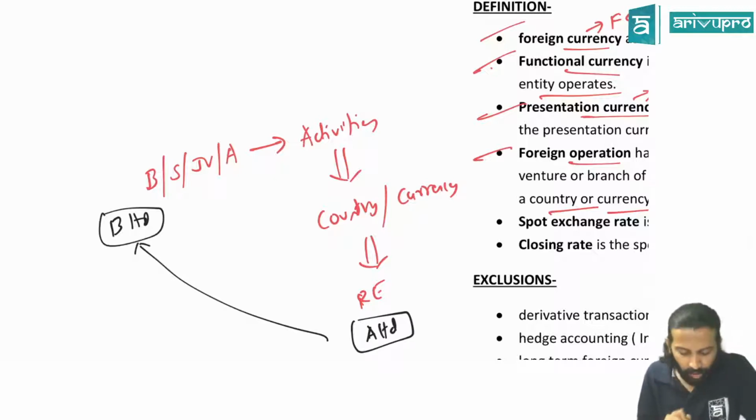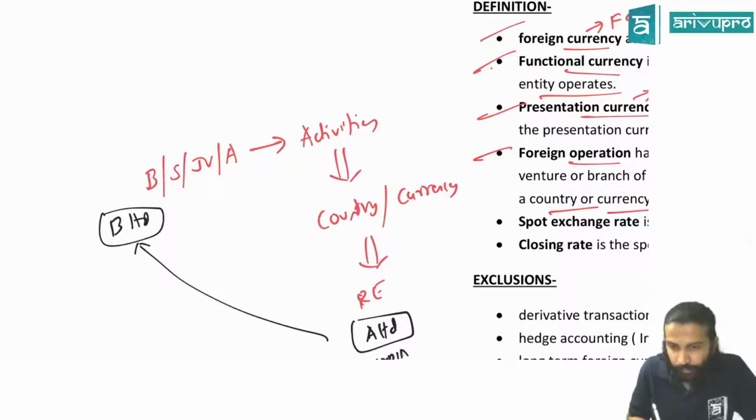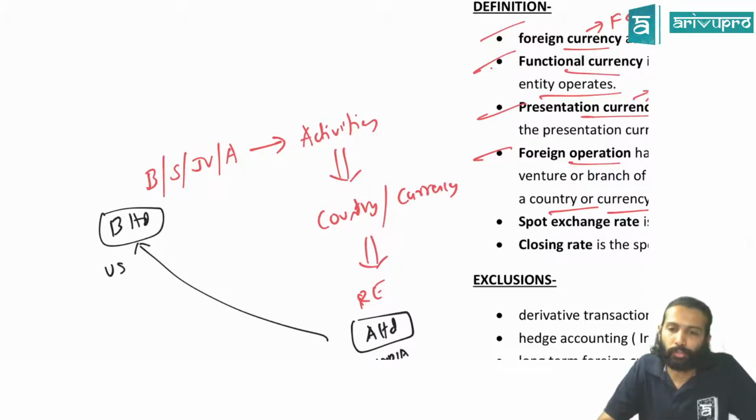When can you call B Limited a foreign operation? If B Limited's operations or activities are either done in a country other than that of A Limited or done in a currency other than that of A Limited. Let's say A Limited is in India. If B Limited is in US, that means B's activities will be done in US. So you can treat it as a foreign operation.